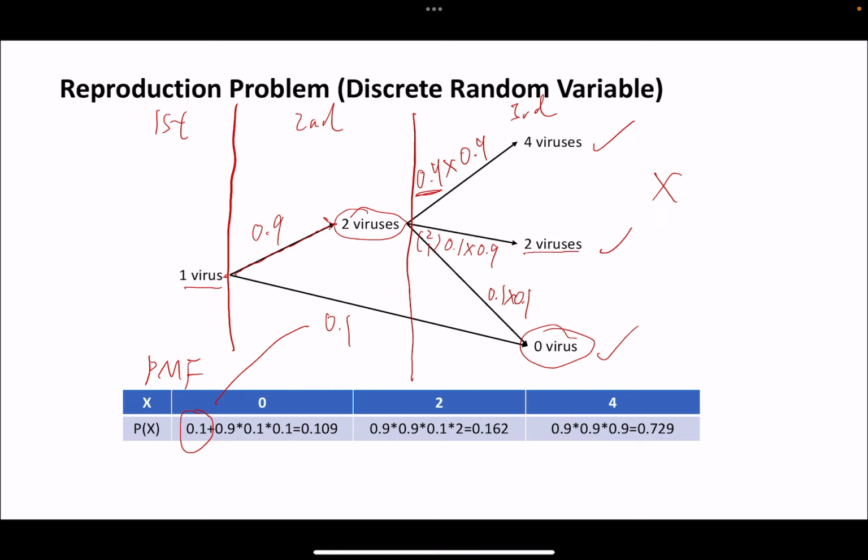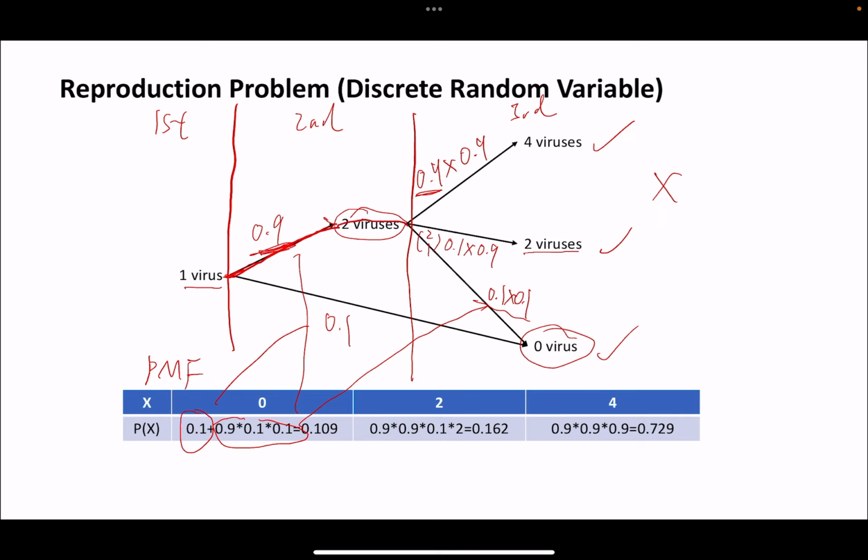The second scenario is that the first generation virus evolves, but the second generation viruses all die. So this is the probability of 0.9 times 0.1 times 0.1. This is from here and here. So this is for the scenario where X equals 0.